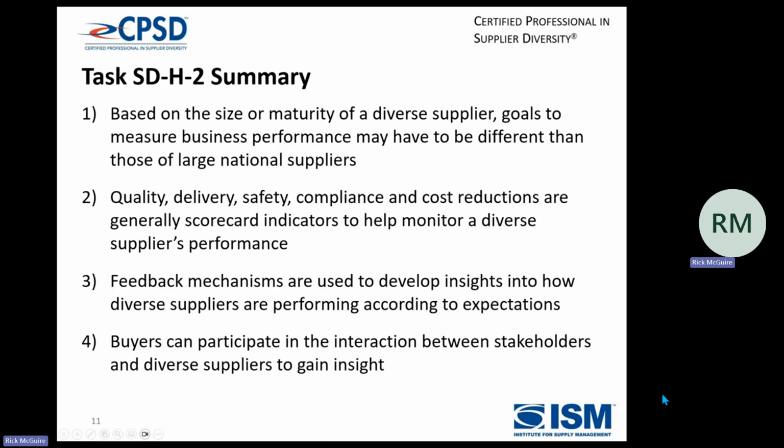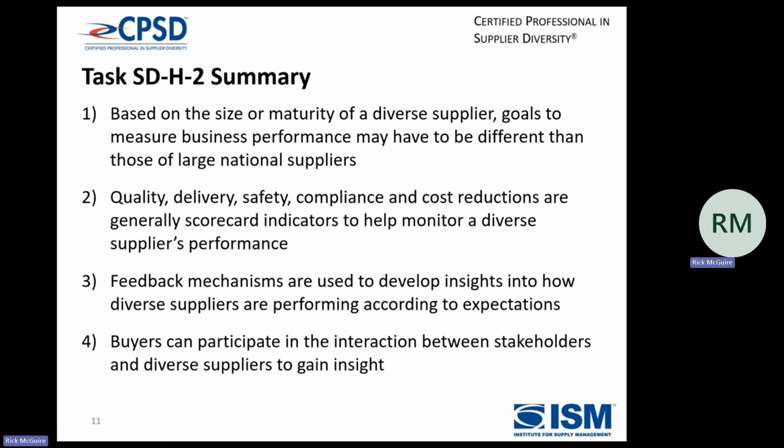Okay, summary. Based on the size or maturity of a diverse supplier, goals to measure business performance may have to be different than those of larger national suppliers.